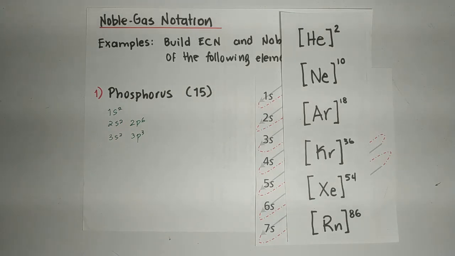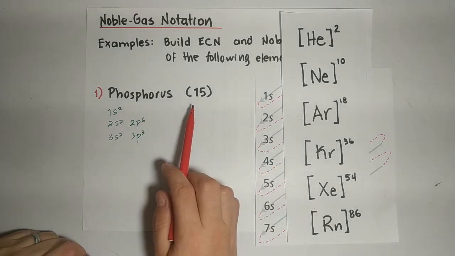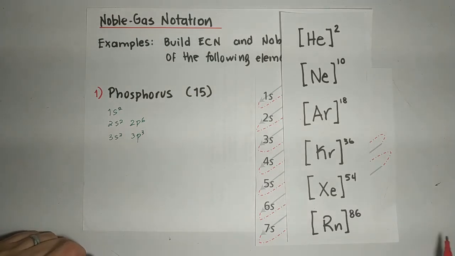That means that they have 8 electrons in the outermost level. That's why they don't react with other elements. Now, the idea of using noble gas notation is just another way to express the electron configuration. So we're going to take our phosphorus, which is number 15, and look for the noble gas that is before phosphorus.